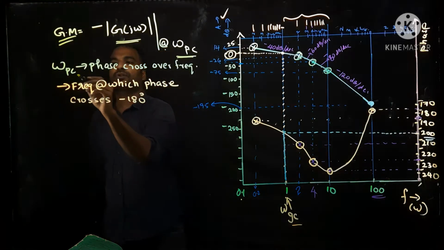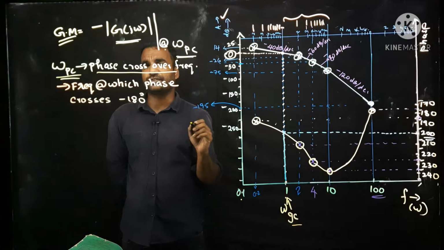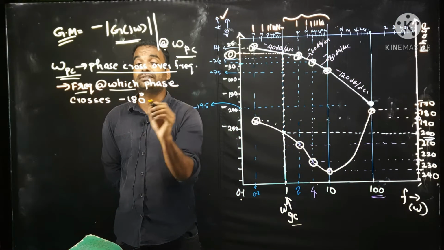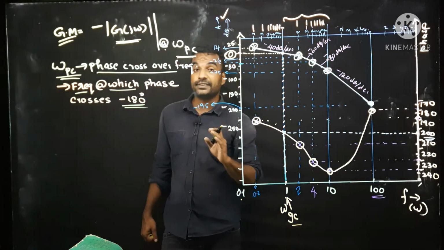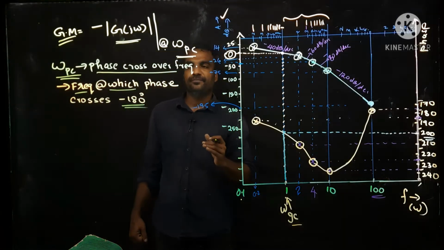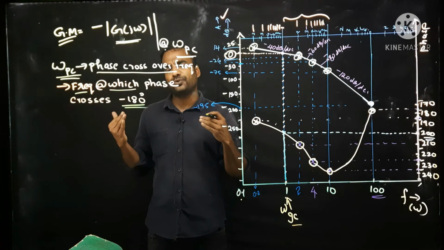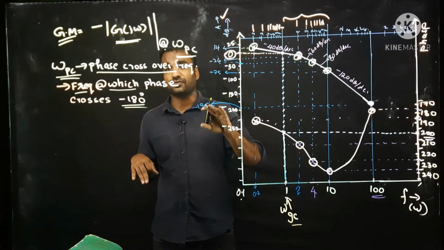Now what is phase crossover frequency? Omega PC is the phase crossover frequency. It is the frequency at which our phase crosses minus 180 degree. It can be really confusing, phase crossover frequency and gain crossover frequency, for me too.